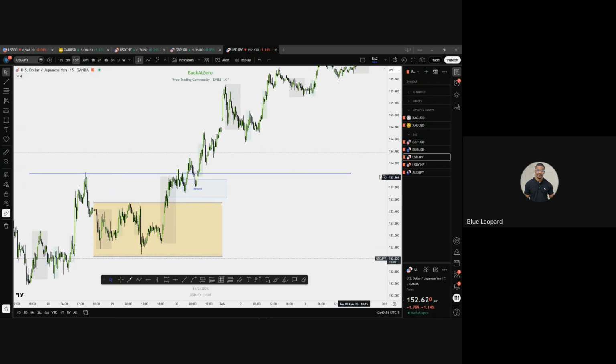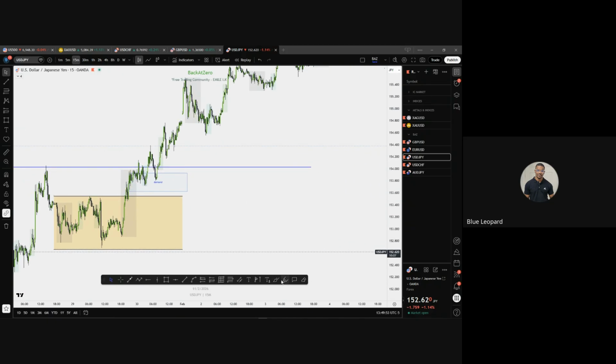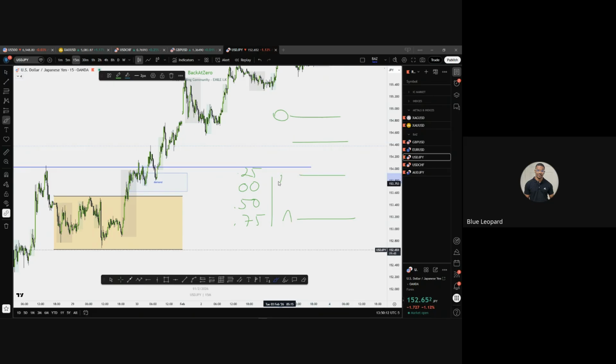Second is to pick a big number. The big numbers are the 00s, the 50s, the 0.50s, the 0.75, and the 0.25. So you have 0 here, and then you have 1 here. You will have 4 levels inside. You have the 25 and the 50.